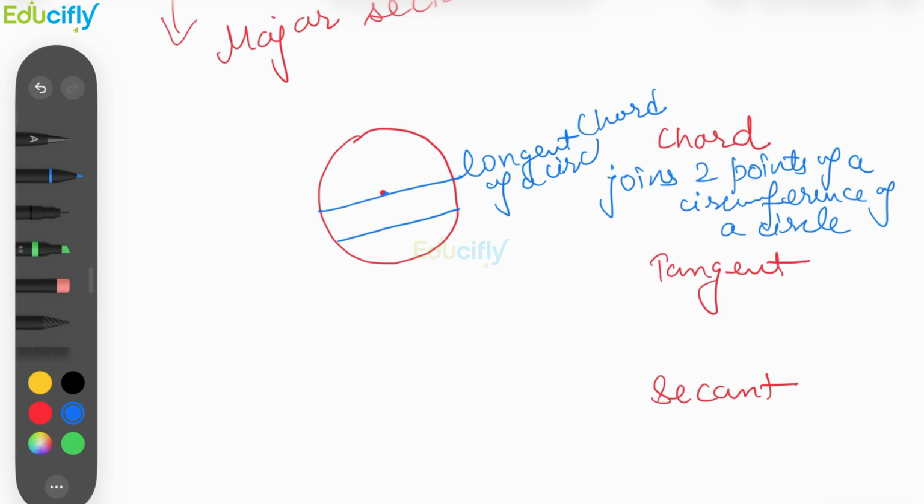I'm marking it with a marker to make sure you easily recognize it. The longest chord of a circle is actually a diameter. So it is an interesting fact about the diameter: it is the longest chord of a circle.